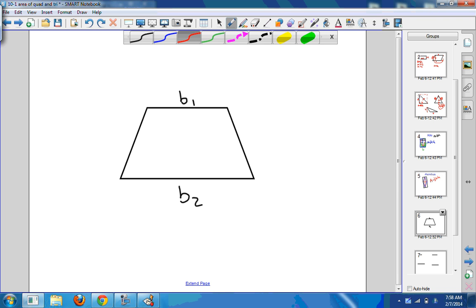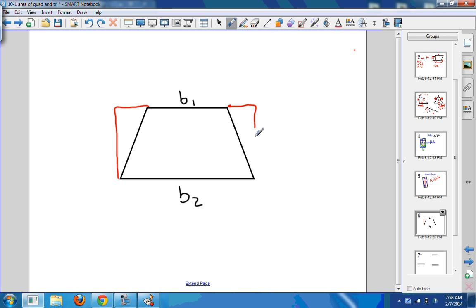A trapezoid is kind of similar to a rectangle, but it's not quite a rectangle. We have a height here of our trapezoid going up, but I have 2 different size bases.